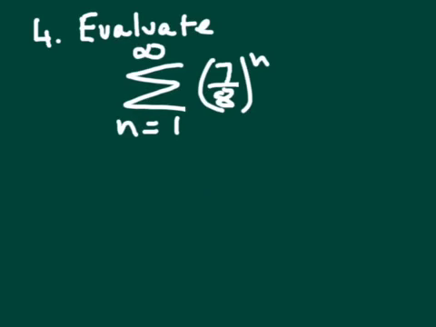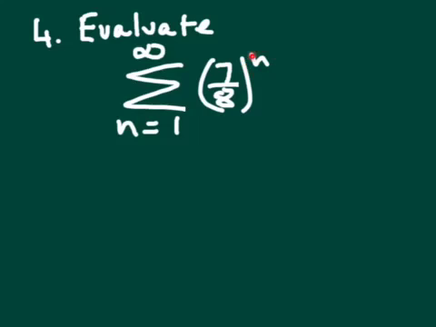Okay, fourth example. Now, this one's got a bit of a trick to it. The first thing to notice is that our series is not expressed in standard form. We'd expect to see an n minus 1 there, remember? And there's no A term, so you might be tempted to conclude that A is in fact equal to 1, but it's not. So let's solve this by thinking about what is the first term and what's the second term.